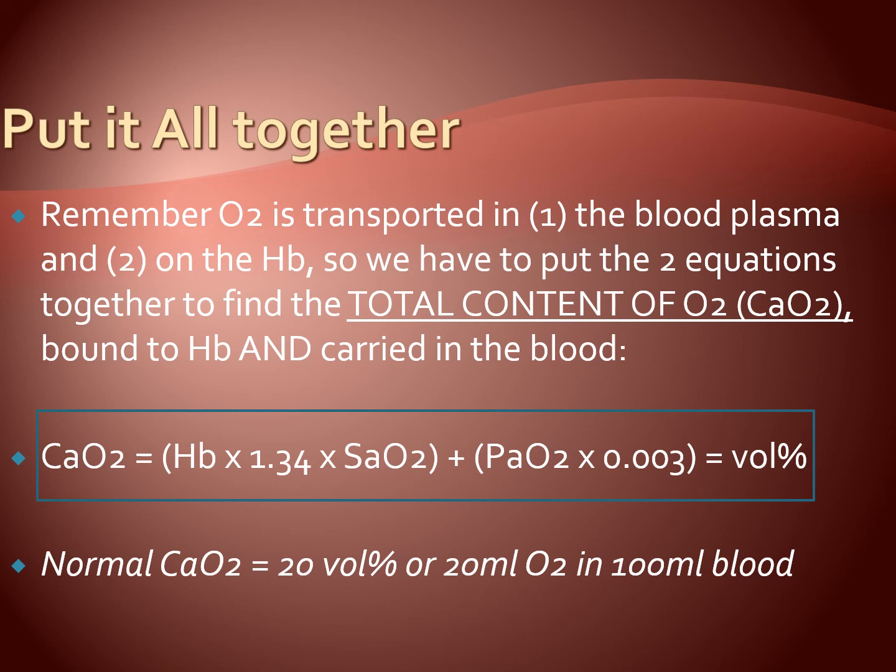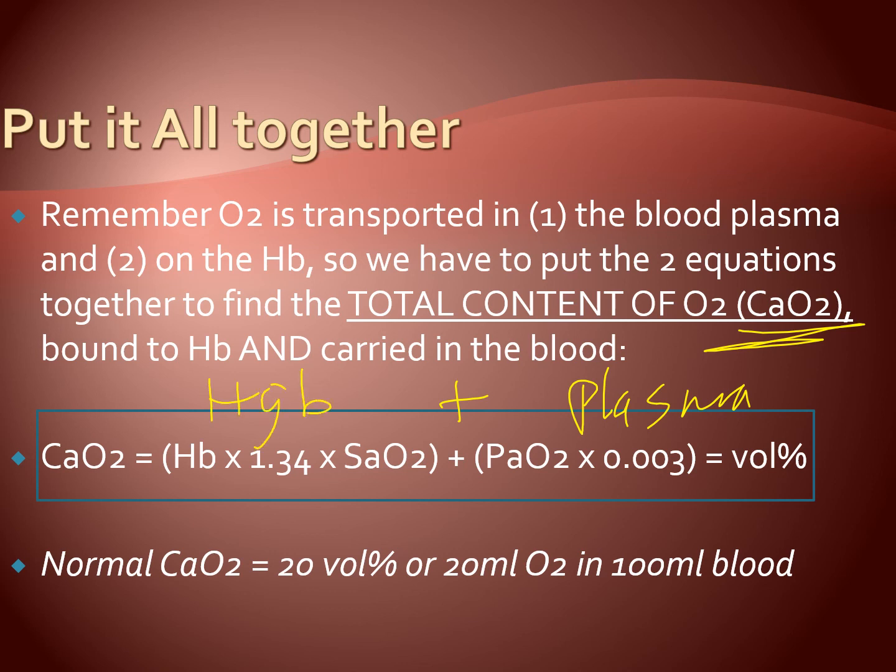So this is the CaO2 equation, the total content of arterial oxygen. This is how much oxygen is carried in the plasma added to how much is carried on the hemoglobin.